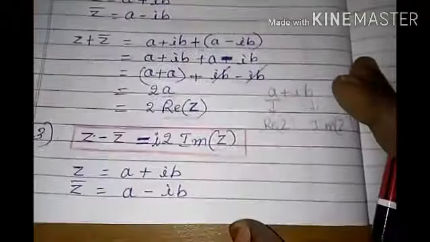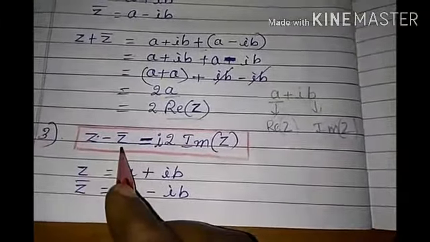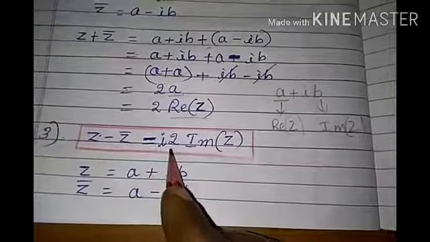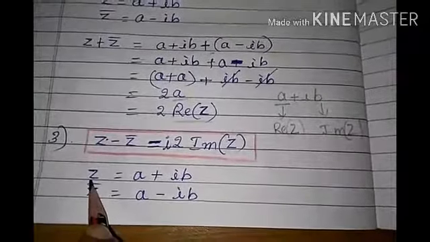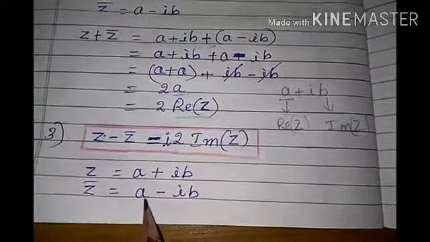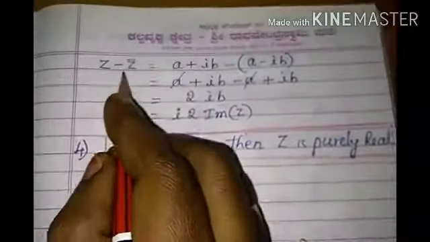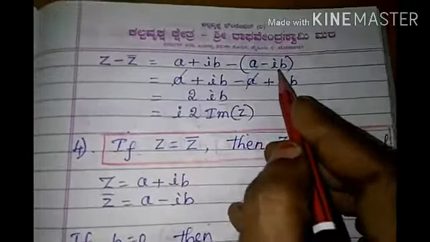Next one is z minus z bar, that means z minus conjugate of z, equals i into 2 times imaginary z. Now let z equal a plus ib, then conjugate of z equals a minus ib. Now z minus z bar equals a plus ib minus (a minus ib).